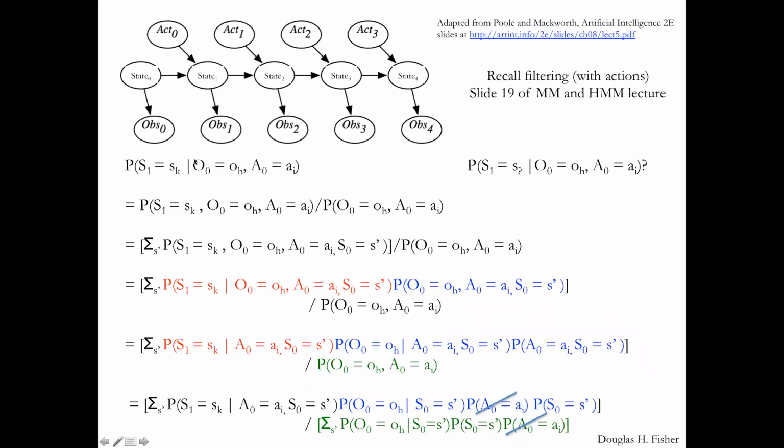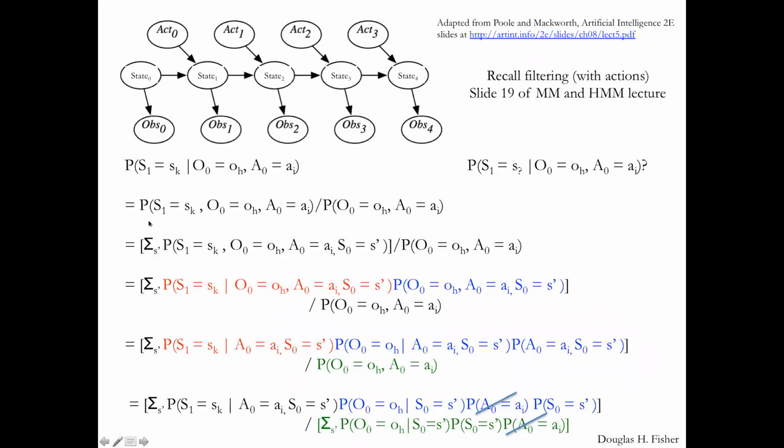What we want to do is compute the probability that at time t, given all prior observations and all prior actions, the robot's current state will be a particular value. And remember, these states can take on multiple values.